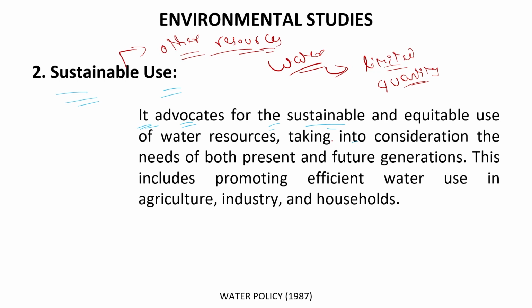Most of the time the question that arises in our mind is why we call water limited in quantity. Because if we look at the earth's surface, about 77% is water and only 23% is land on which we are living. So if we look at these data, we will find the water surface is more than the land surface.